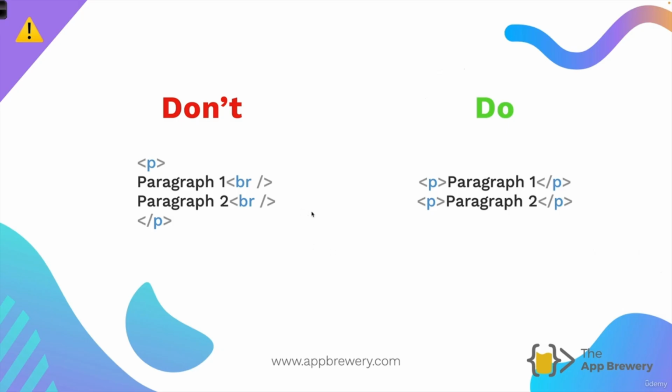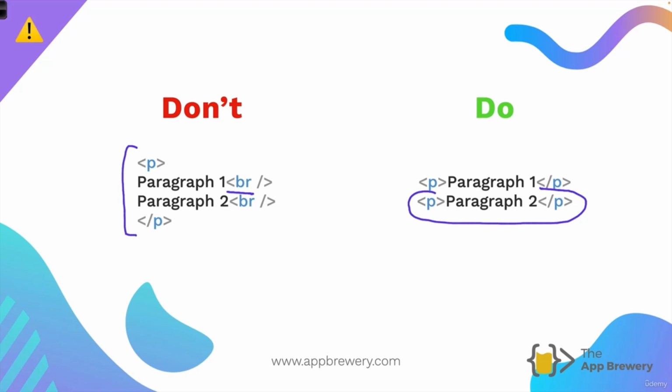Now, in terms of do's and don'ts with void elements, sometimes you see people adding a break tag to add a new line instead of creating a separate paragraph element. Now, this is not what you want to do because this is not very good for accessibility, which means it'll make it harder for blind users with screen readers to understand the content on your website.